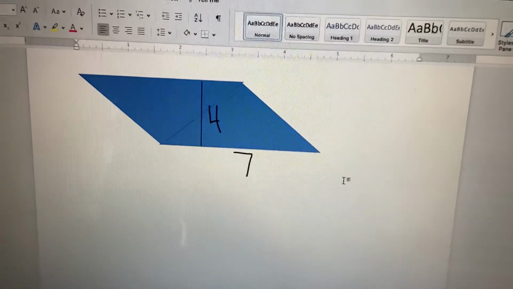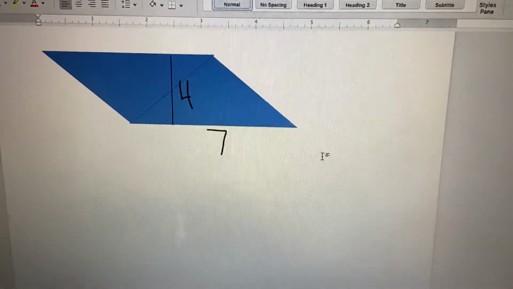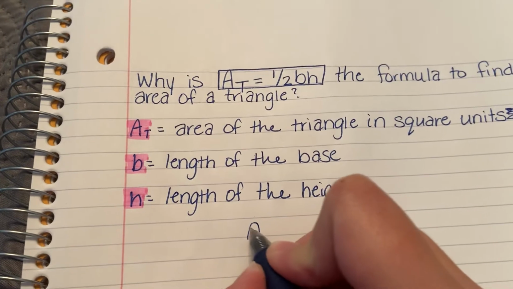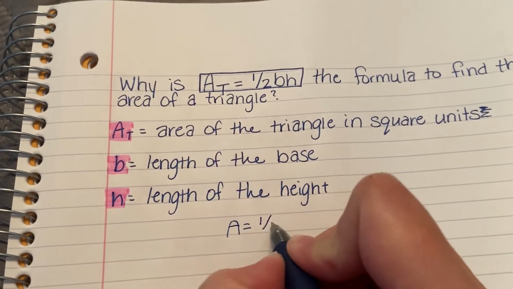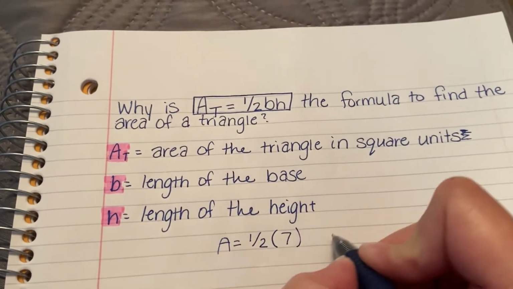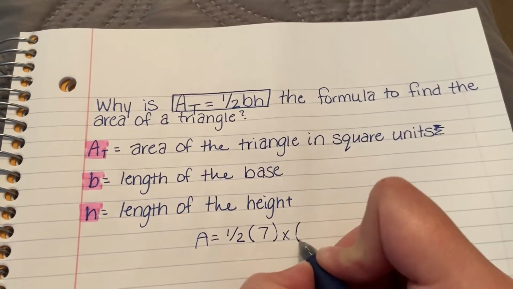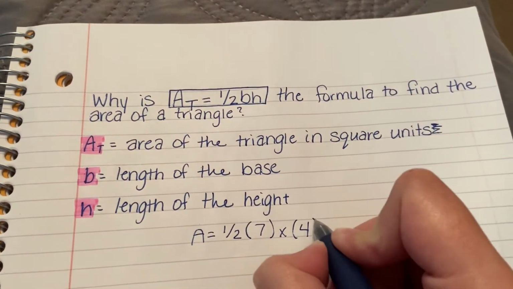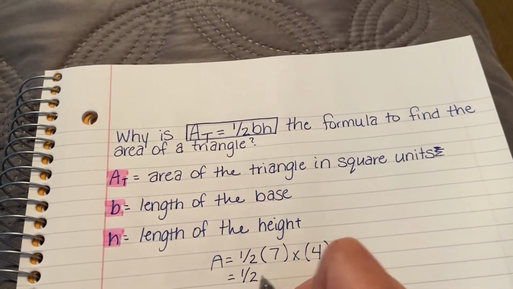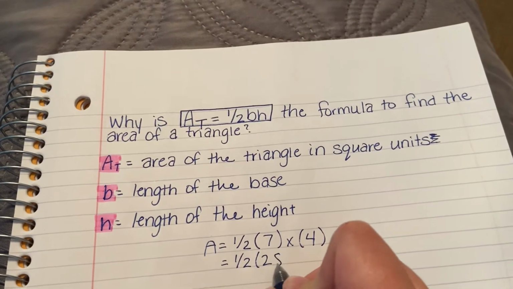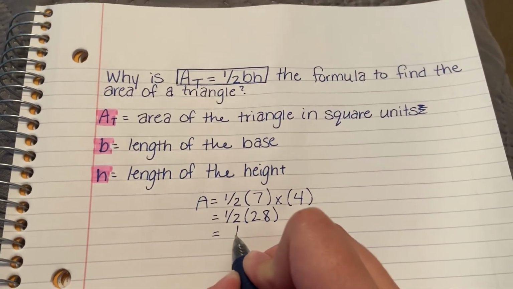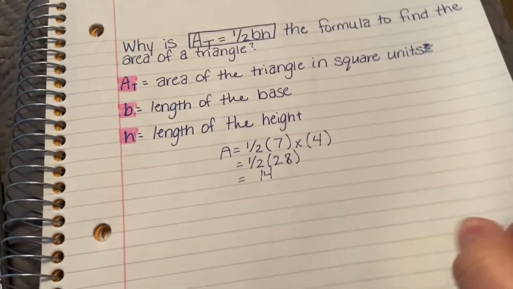So if we plug those into our formula, so area equals 1/2 of the base, which is 7, times the height, which is 4, you get 1/2 of 28. And 1/2 of 28 is 14 square units.